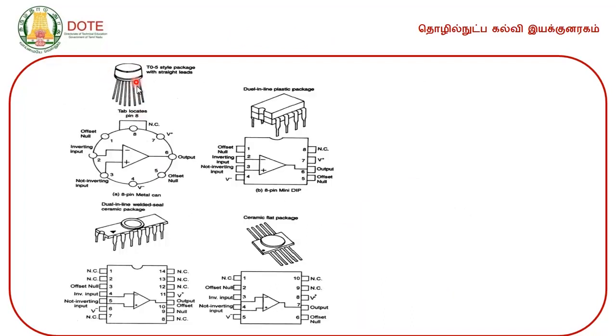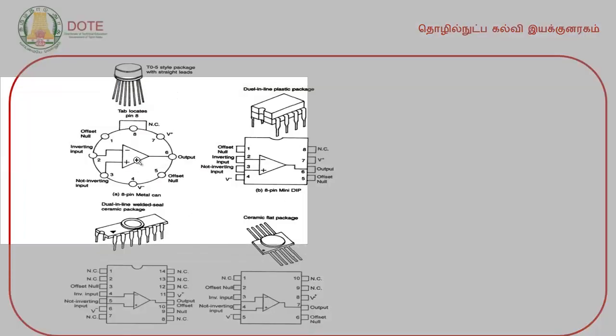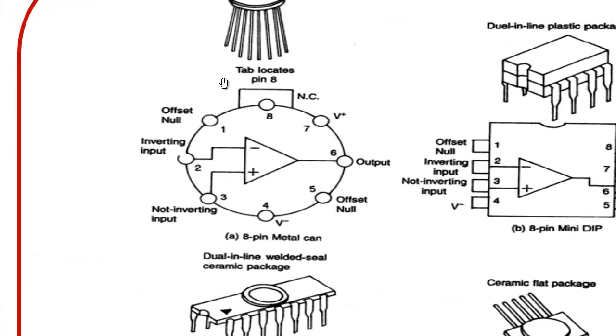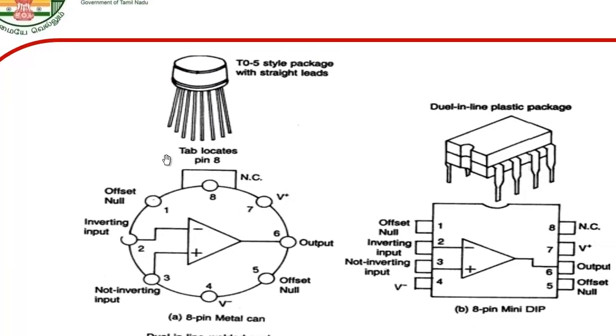This is the metal can package. See here, metal can package. In the DIP package pins are arranged in 2 lines, right, because the chip is in rectangular form, but here it is in circular form.